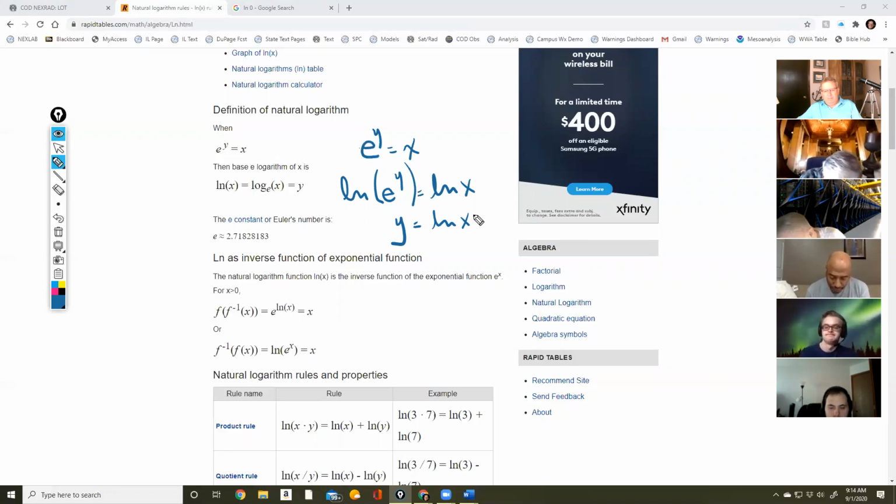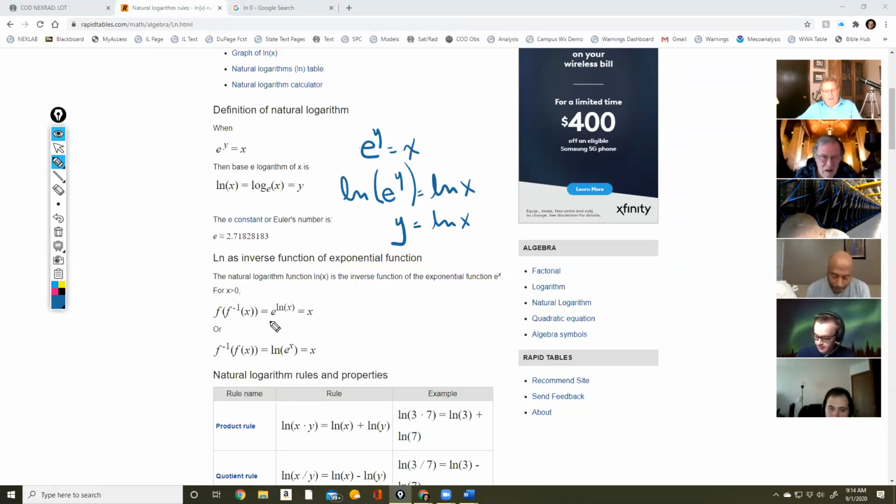I hope that makes sense to you. So the natural log of x is equal to the log base e of x, which is a different notation. e is Euler's number, 2.718.